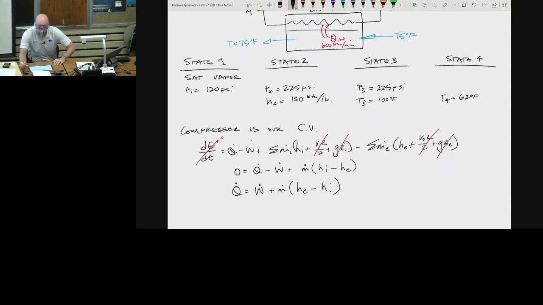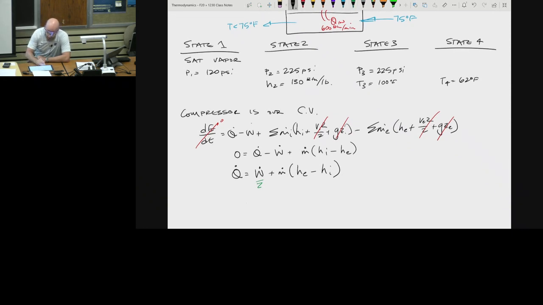Well, I know what the power is here because I was given it. It was 200 BTUs per minute. It's going to be negative 200 BTUs per minute because it's coming into our system. So this W dot should be negative 200 BTUs per minute.